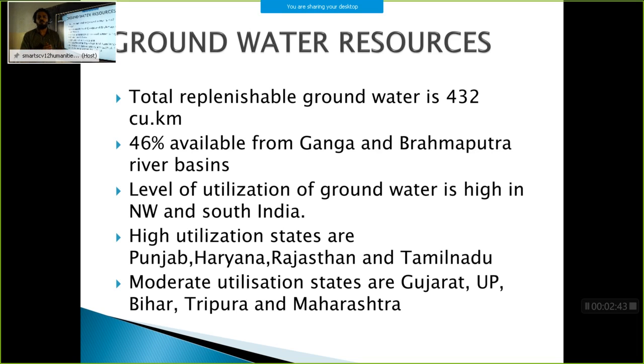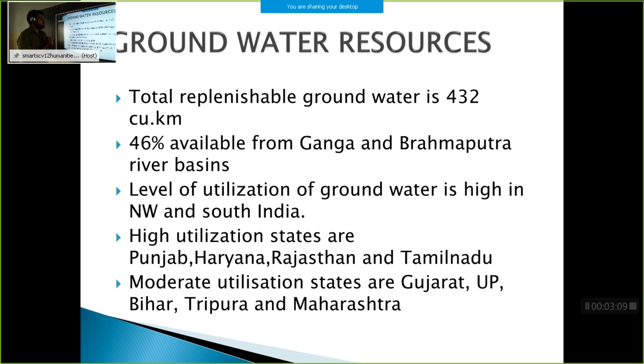Because of that reason they are called seasonal rivers. So the 46% of groundwater available, mostly in the northern part of India, is because of the Ganga and Brahmaputra river basins. Nearby those areas we can find 46% of total groundwater.